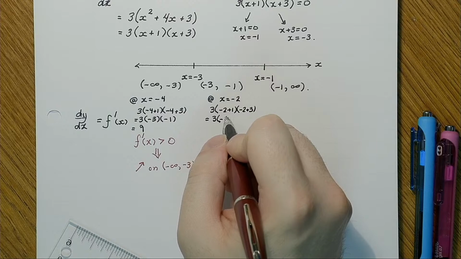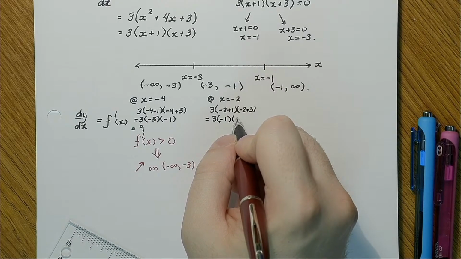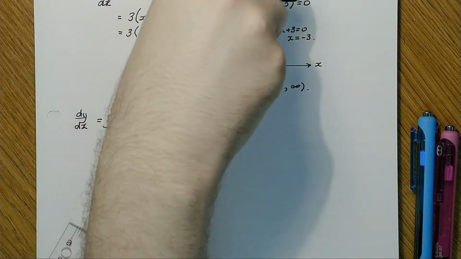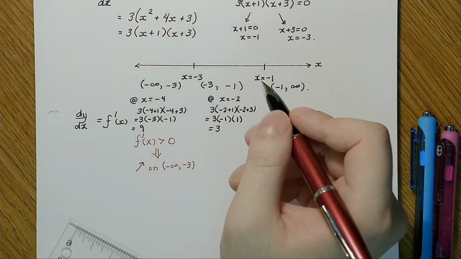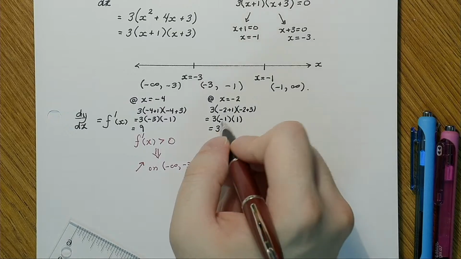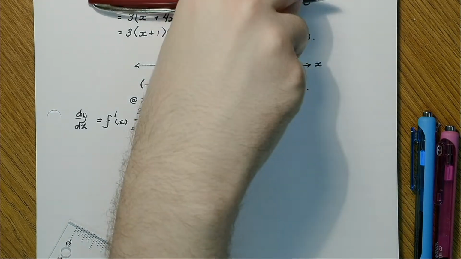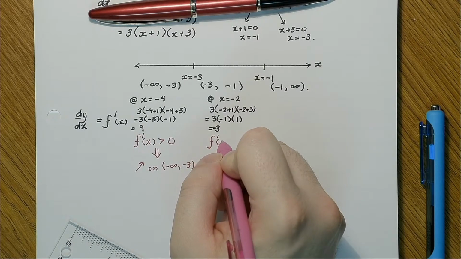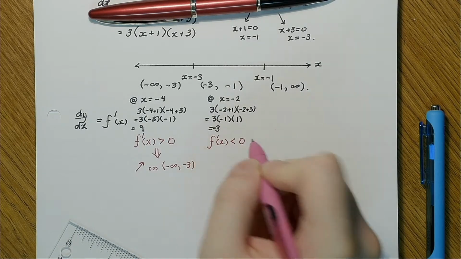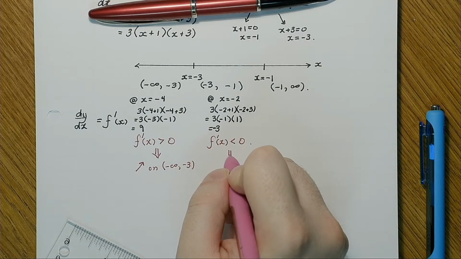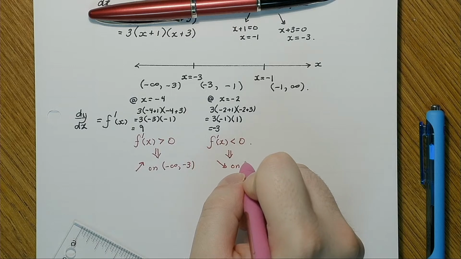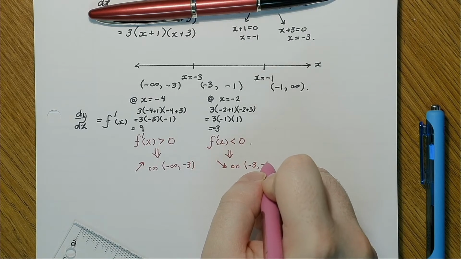Then I have -1, 1, and so I'm left with -3. No, minus. There we go. So that implies that it is decreasing on the interval -3, -1.